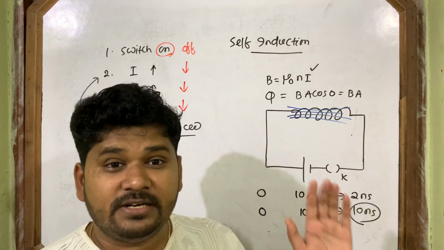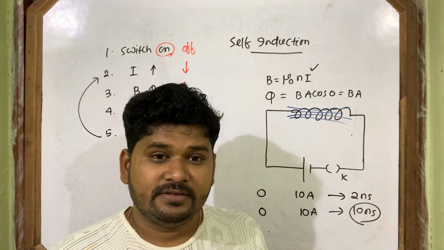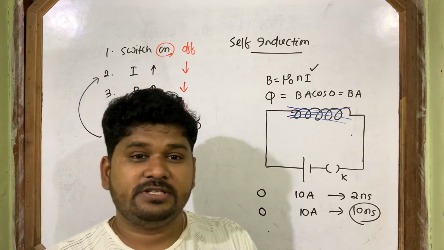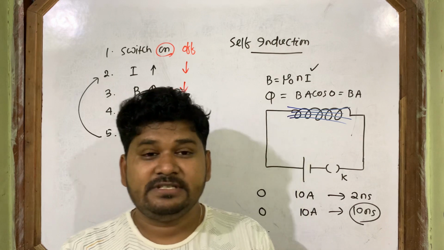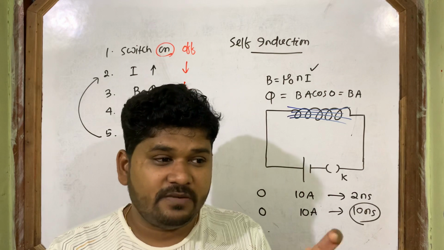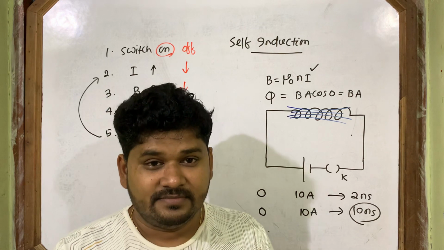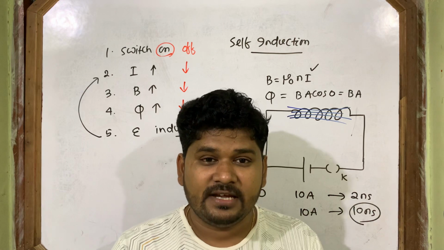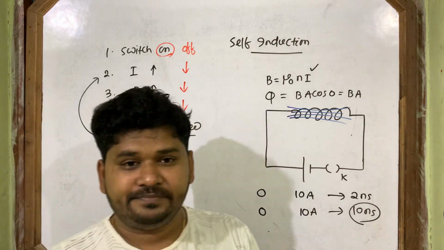The coil not wanting to change the current which passes through it is also inertia, called electric inertia. In an exam, a question will come: which property of the coil is electric inertia? The answer is self-induction.